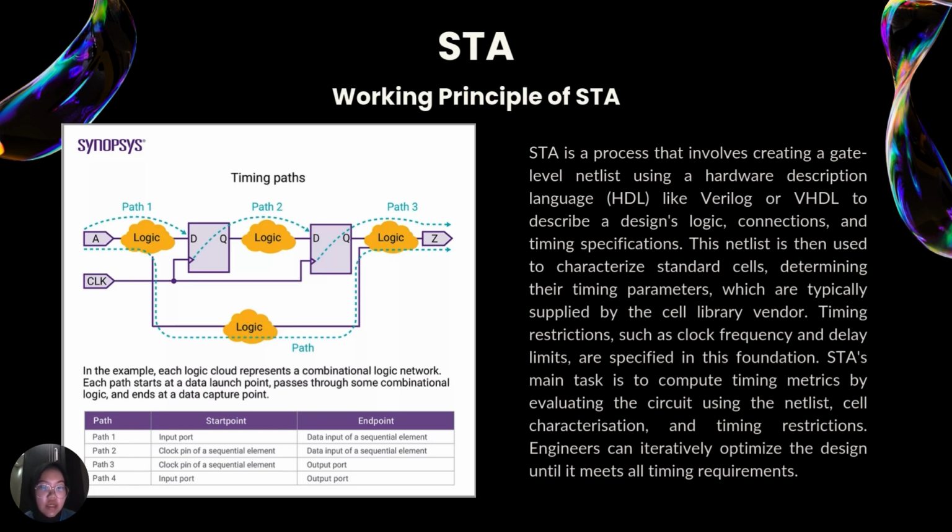Timing restrictions, such as clock frequency and delay limits, are specified in this foundation. STA's main task is to compute timing metrics by evaluating the circuit using the netlist, cell characterization, and timing restrictions. Engineers can iteratively optimize the design until it meets all timing requirements.